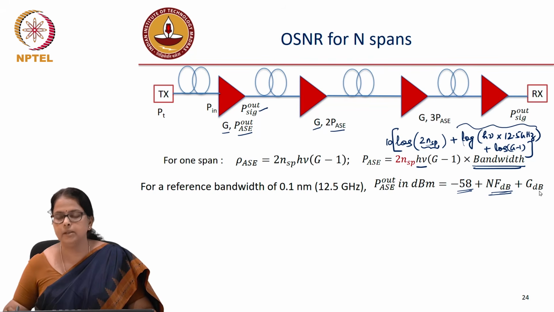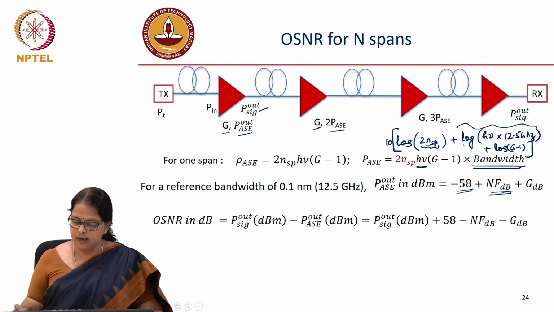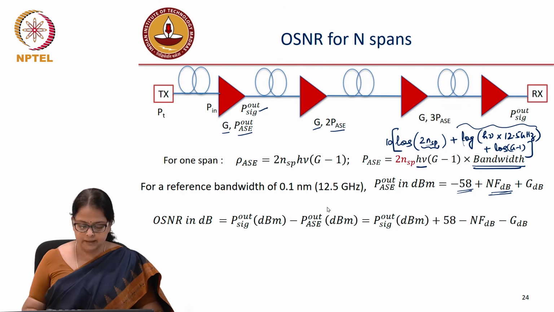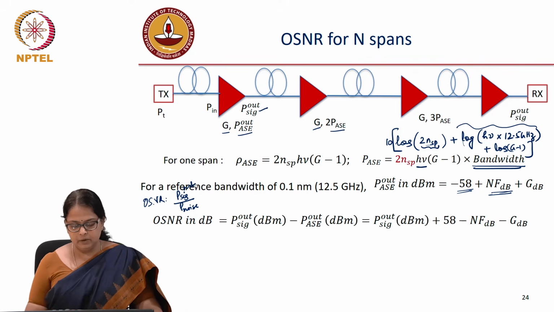10 log g minus 1 is g in dB. So this is a very useful expression. So if I have P_ASE out in dBm like this, the OSNR in dB will be, OSNR is nothing but P signal divided by P noise, signal output power divided by P noise.